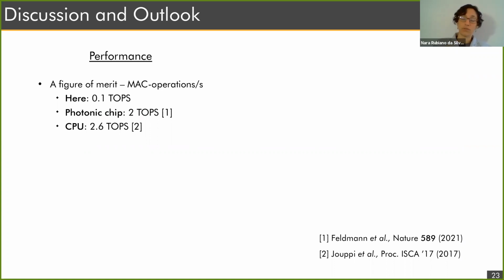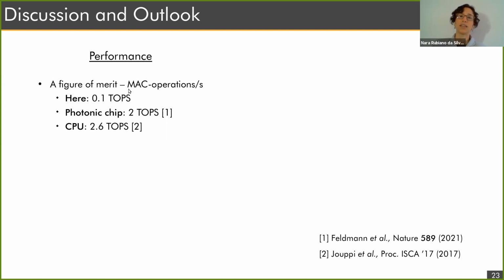Okay, so to finish, I just wanted to discuss a little bit the performance we expect to achieve in our proposed optical scheme. A figure of merit for evaluating the quality, let's say, of a processing unit is the number of MAC operations it can do per second.